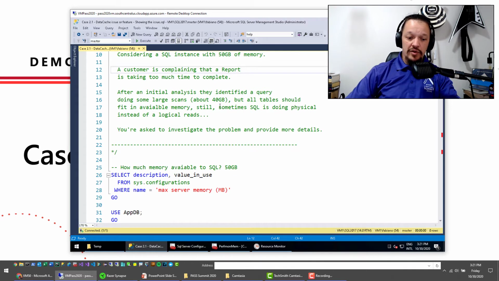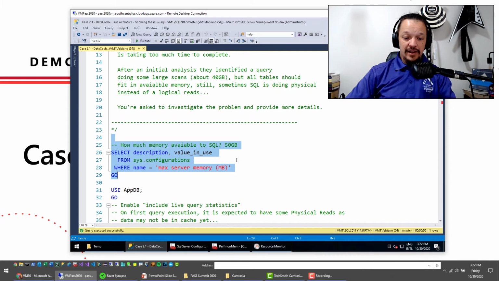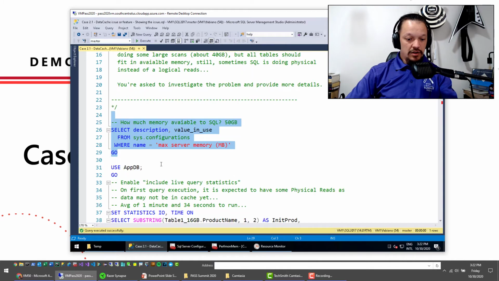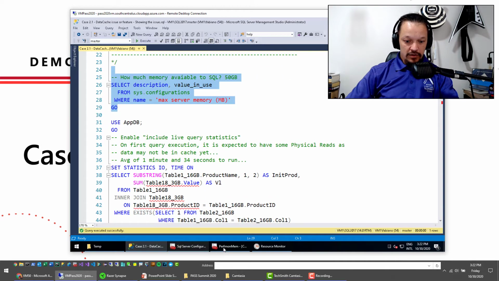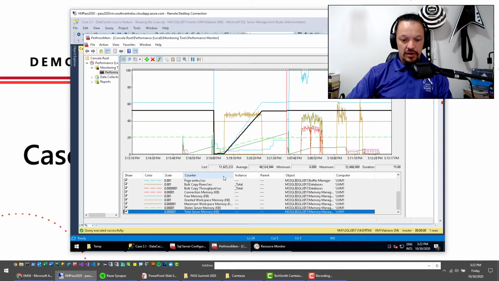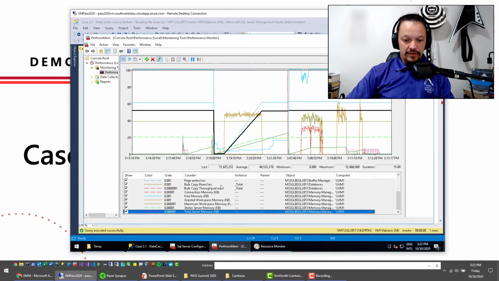So you have a query that is reading 40 gig of data. You do have 15 gig available, you see? We do have 51 here. If we look at the counter here, total server memory, it's 51 indeed. So we do have 51 gig available.